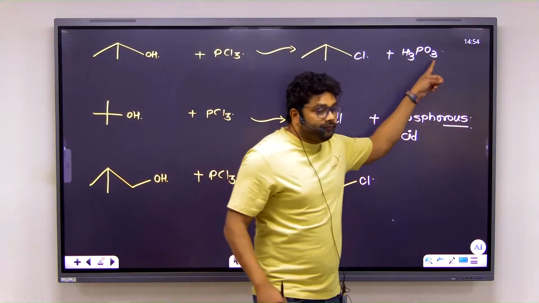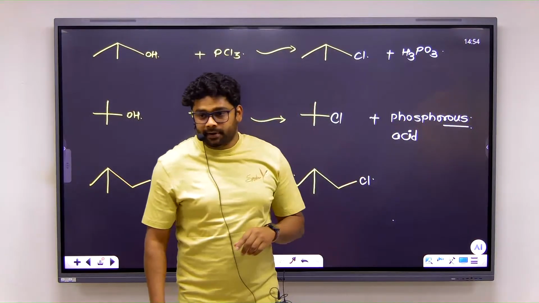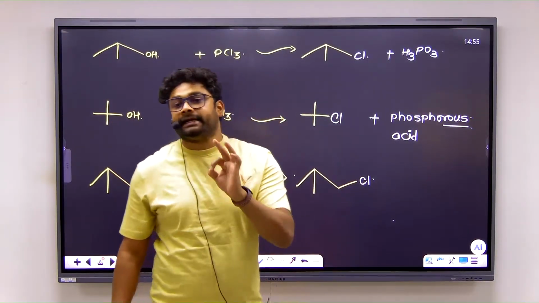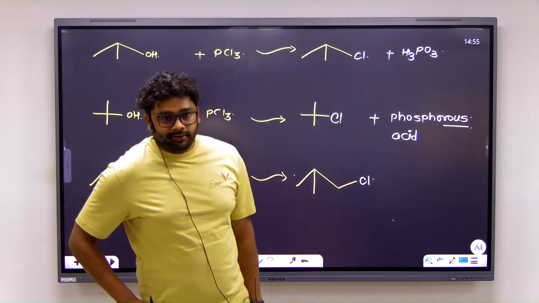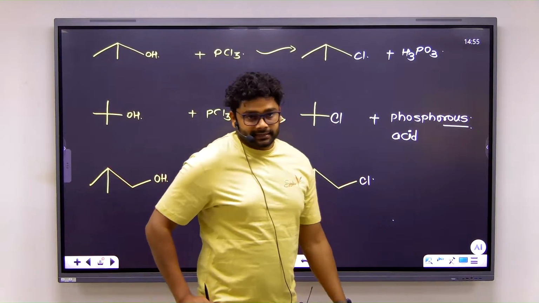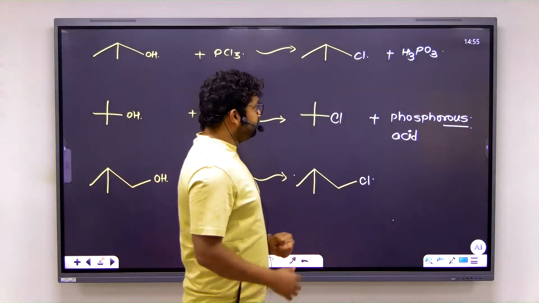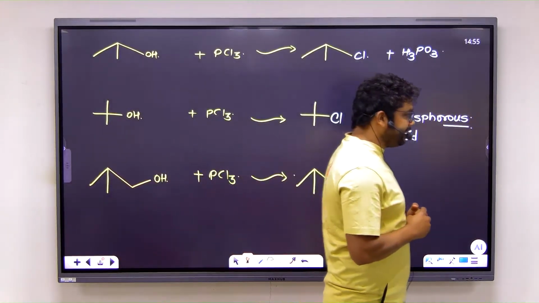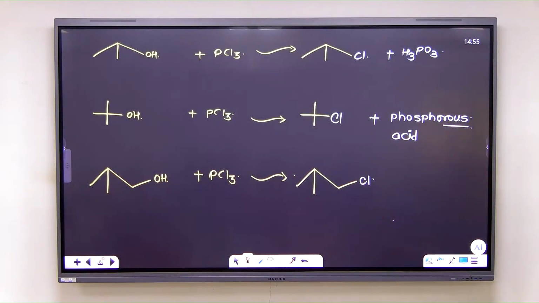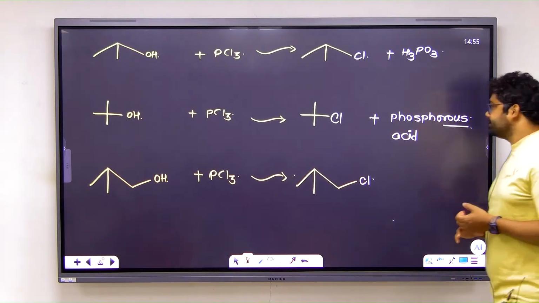If you write the O4, then the name of the compound is phosphoric acid, orthophosphoric acid. For H3PO3, the name of the compound is what? Phosphorus acid. Good.